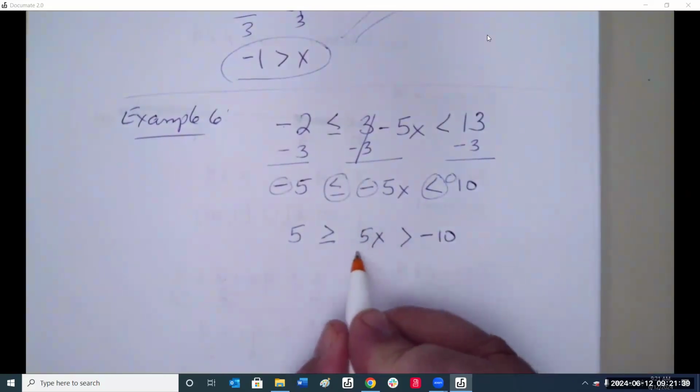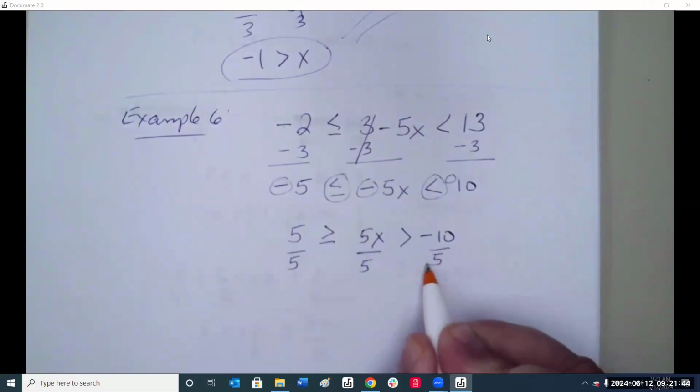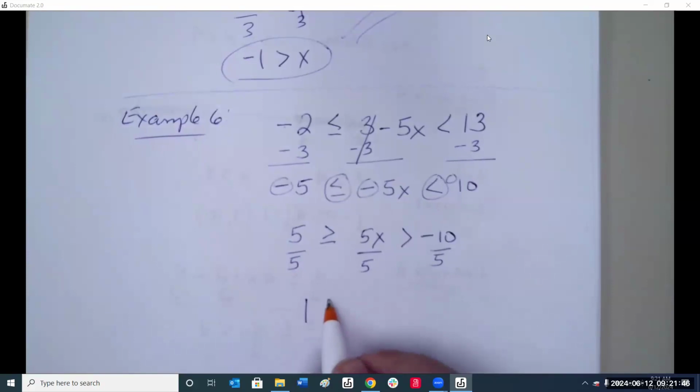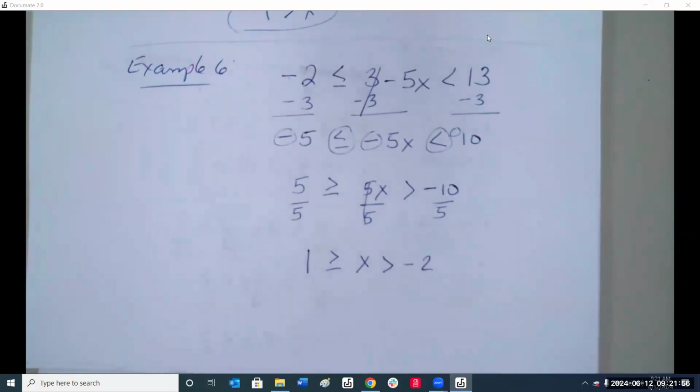Now we solve for x. Divide by 5. So we have 1 is greater than or equal to x is greater than 10 divided by 5, which is 2. But that's the answer, but it's not correctly stated, because we read left to right. 1 is bigger than -2.